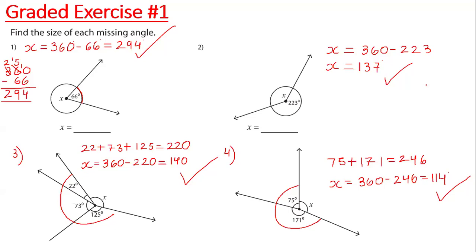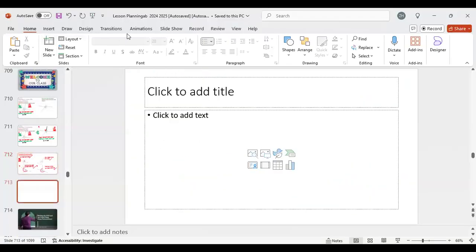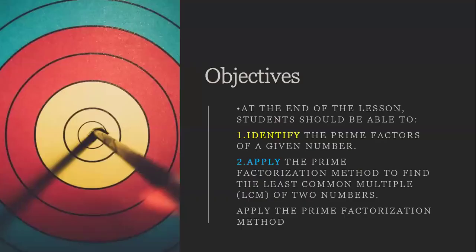So we already know that, you don't have to write this down. I'm just going over the rules. We already know that angles in a triangle add up to 180 degrees.